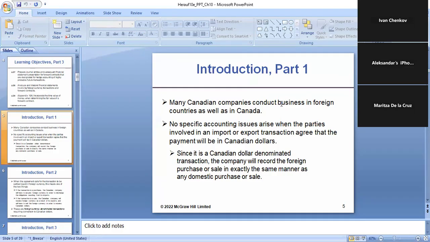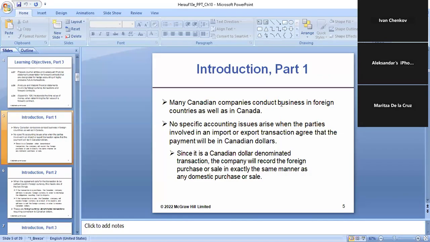Since it's a Canadian dollar denominated transaction, the company will record the foreign purchase or sales in Canadian dollars the way they record domestic purchases. So nothing is going to change.